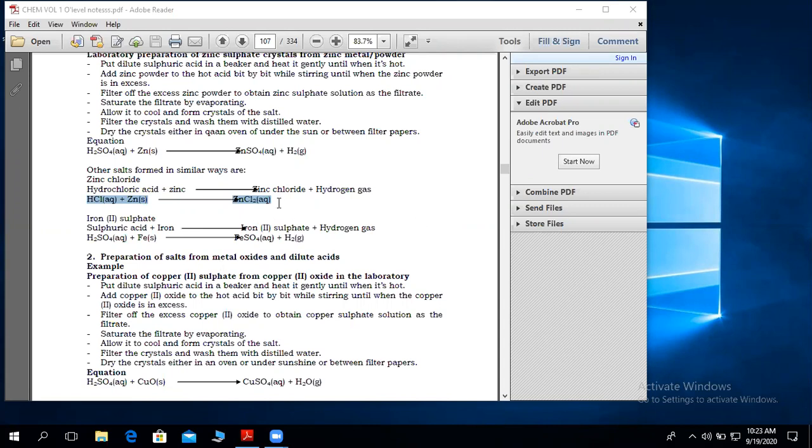Odongo, what is missing on this equation? I think Odongo does not know how to unmute. Chantal, Patricia, you are the one I'm asking. What is missing on this equation?